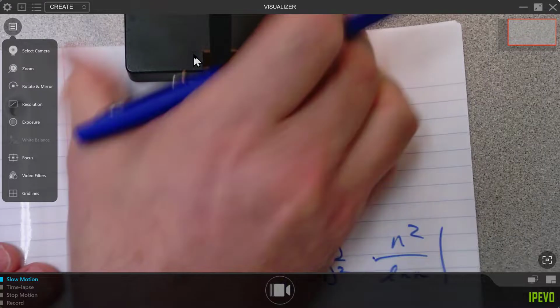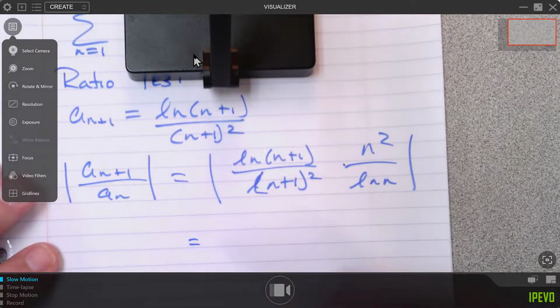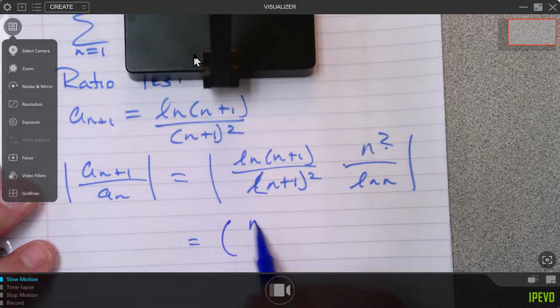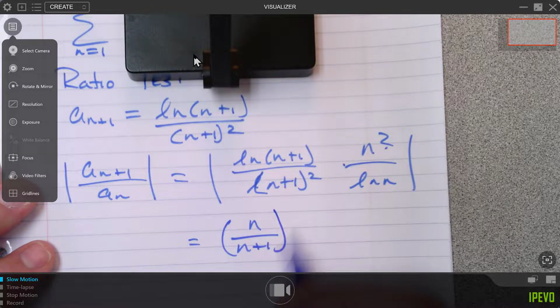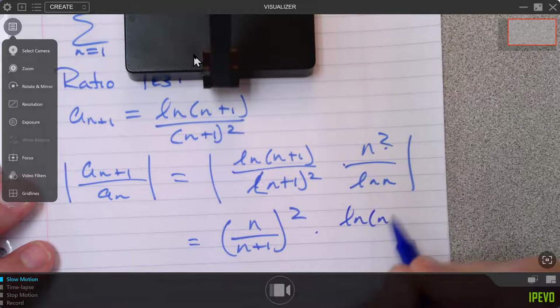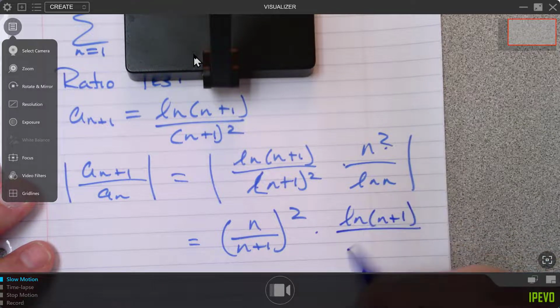Now, I'm going to gather like things. n squared over the quantity n plus 1 squared is n over n plus 1 quantity squared times the natural log of n plus 1 over the natural log of n.